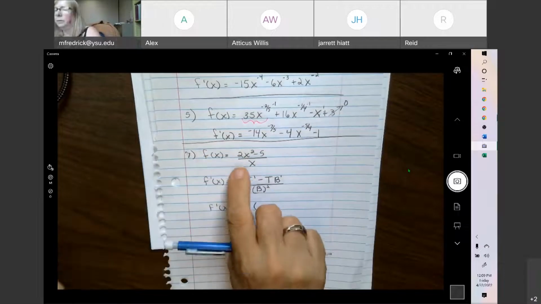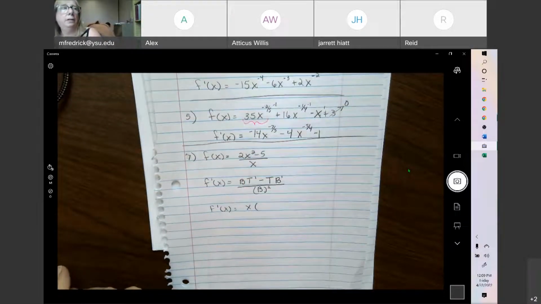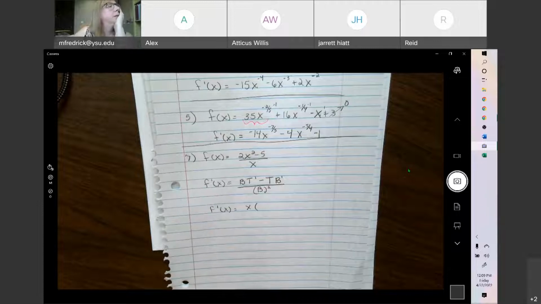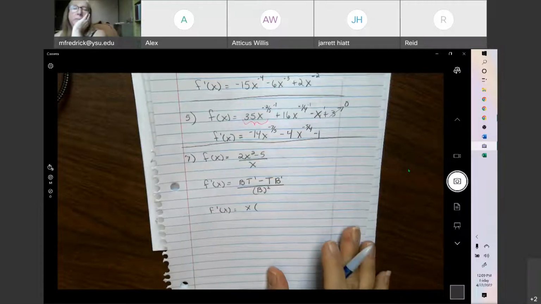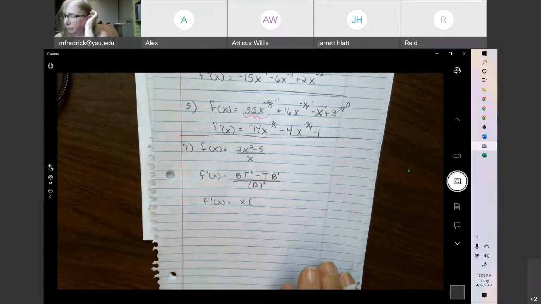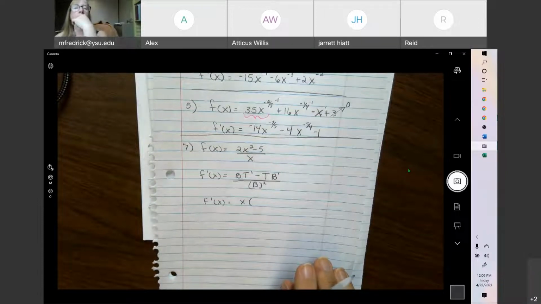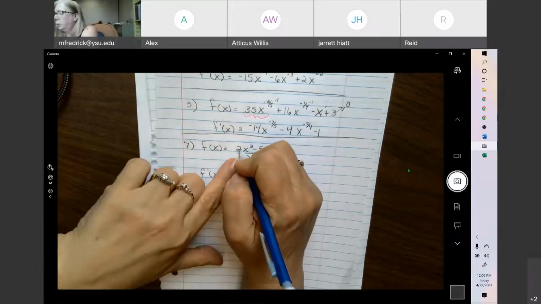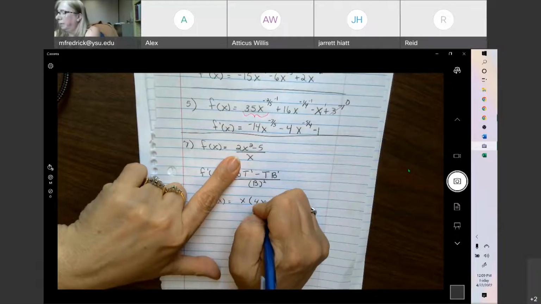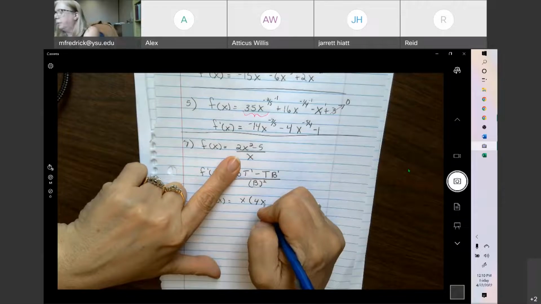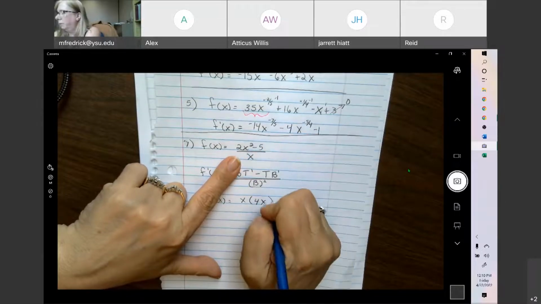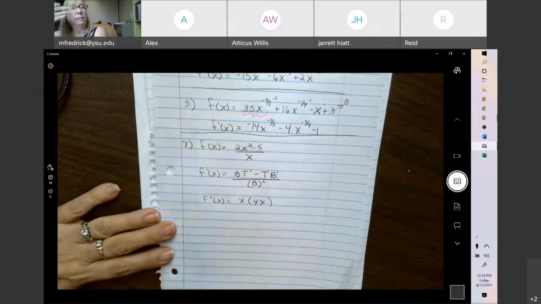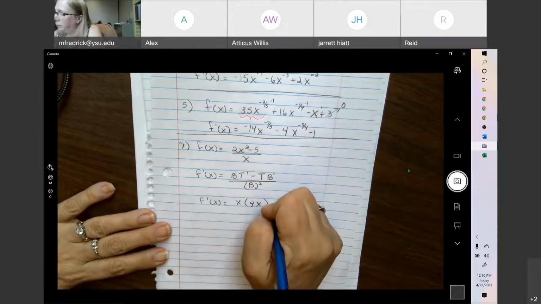Bottom times, what's the derivative of the top? And you can type it into the chat so that everyone can get credit for it. 2 times 2 is 4x. Subtracting 1, it's x to the first. And the 5 goes to 0, so it's just 4x. Minus the top.